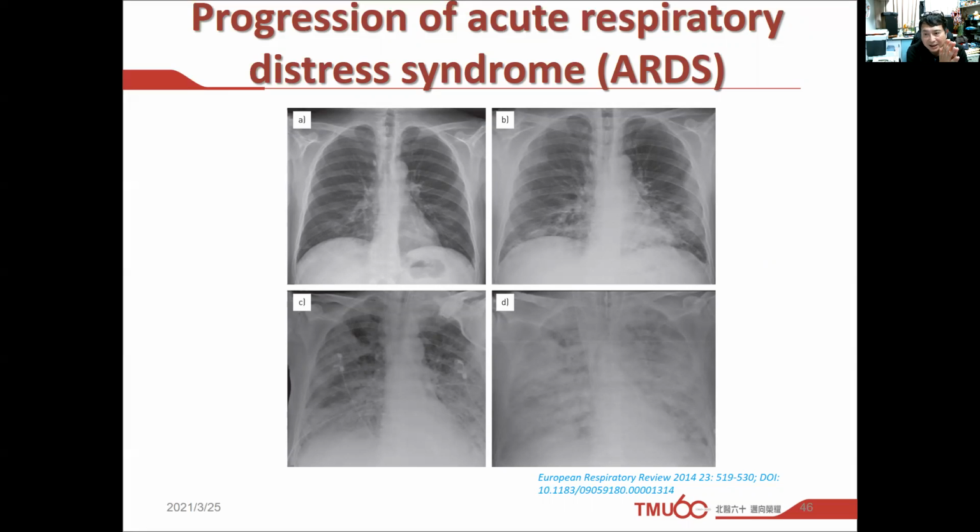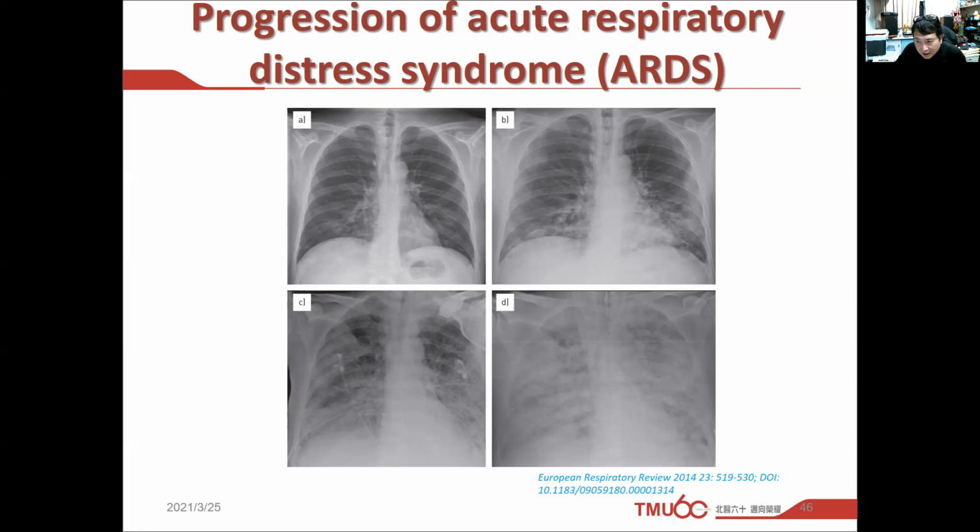Okay, this case in figure 8 shows day one during the clinical admission. You can see the image is very clean, and later on they developed a white spot.